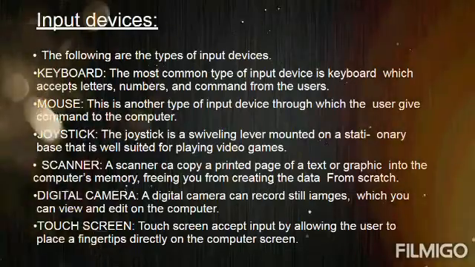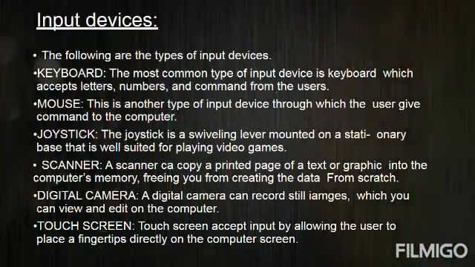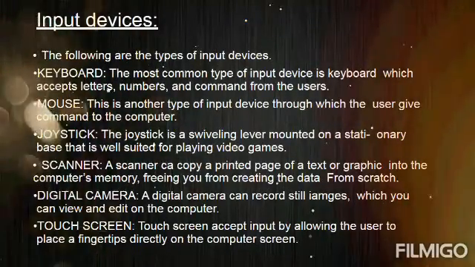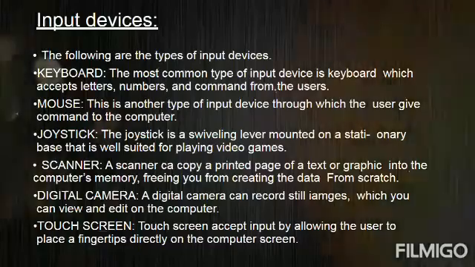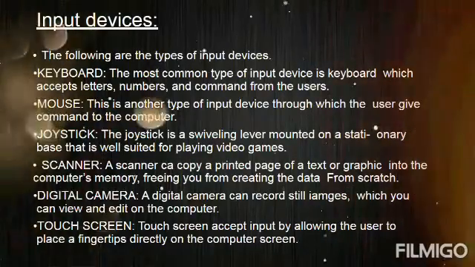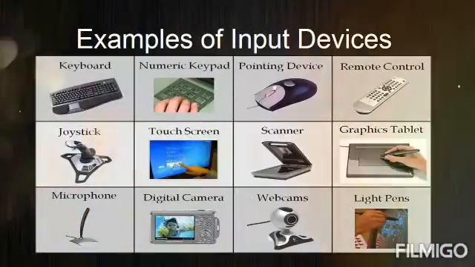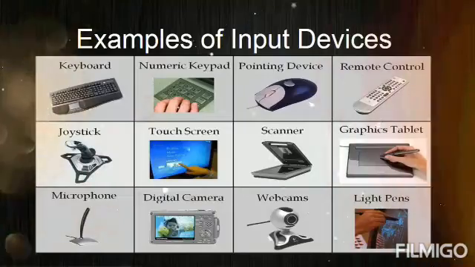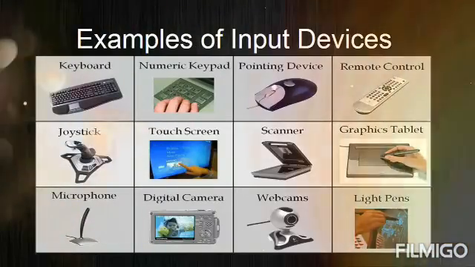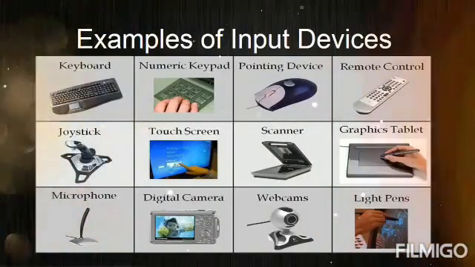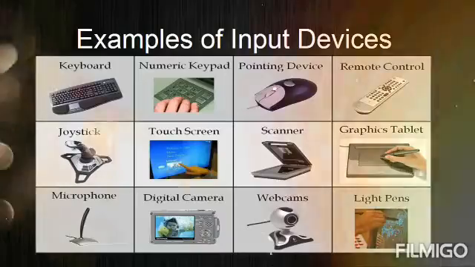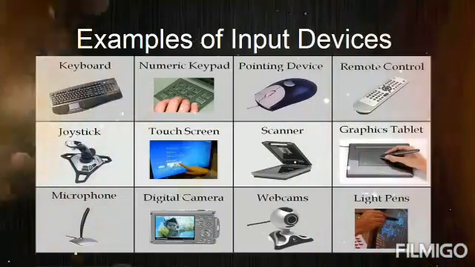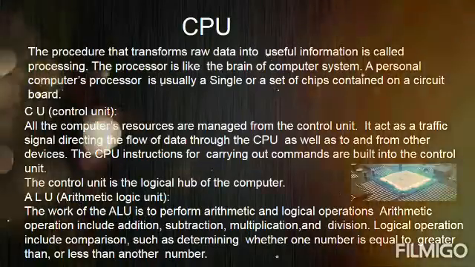Touchscreen accepts input by allowing the user to place a fingertip directly on the computer screen. Here are the examples of input devices like keyboard, pointing devices, mouse, light pens, digital camera, microphone, joystick and touchscreen.